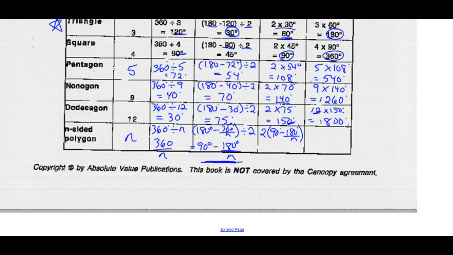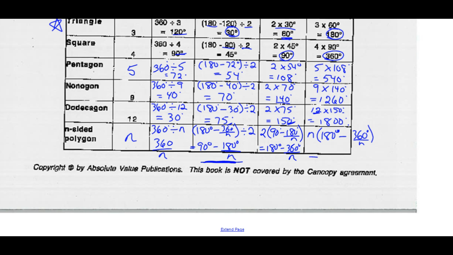Well, if you multiply that by 2, we get back to what we had in the first bracket there: 180 degrees minus 360 degrees over n. And then what did we do? We multiplied that by the number of sides we have. So we've got n sides. Multiply that by 180 degrees minus 360 degrees over n.